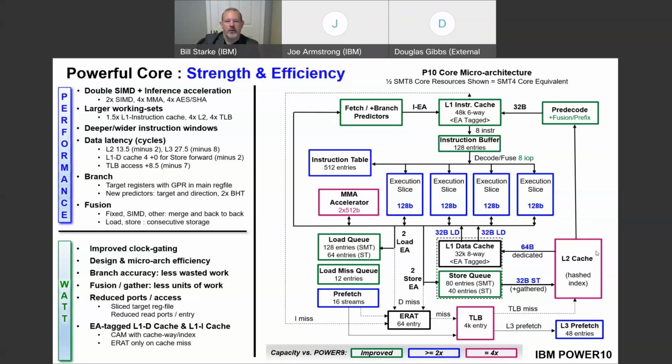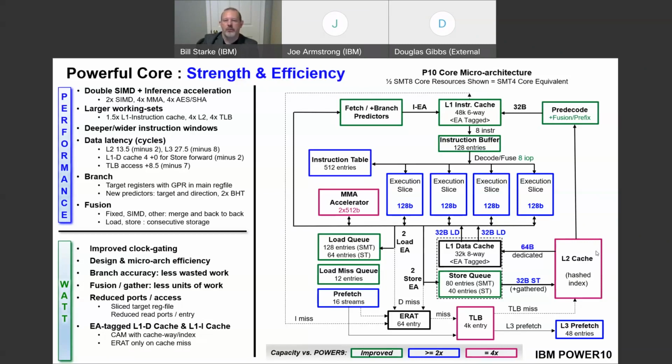And that goes into how we got the added performance shown on the upper left. On the lower left, we're really also talking about energy efficiency. There we focused a lot on additional clock gating, where we turn clocks off to areas that aren't being used, and improved branch prediction, so we have less wasted speculative traffic. And then the fusion units are autonomically grabbing groups of instructions and fusing them together.